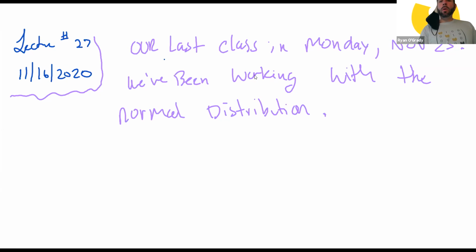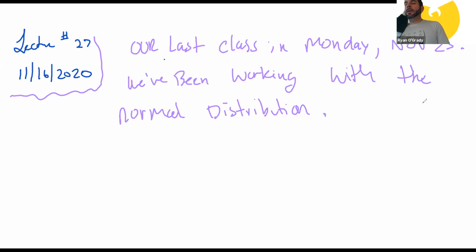So what we need to do is decide what is the appropriate sample size that we need to get information about the population. One idea would be to take advantage of what we call the central limit theorem.